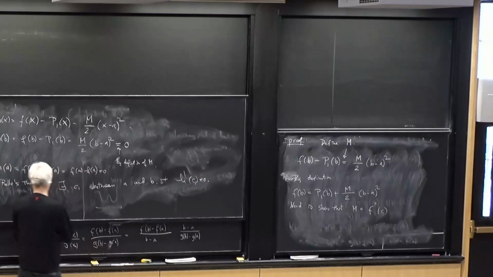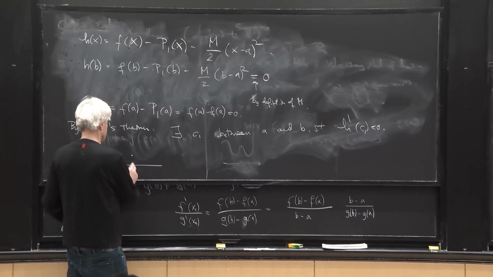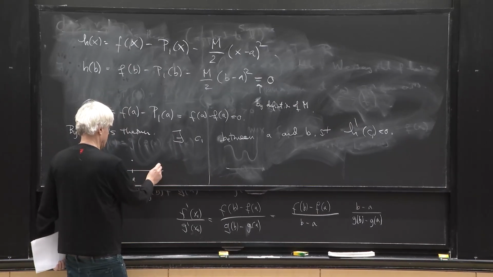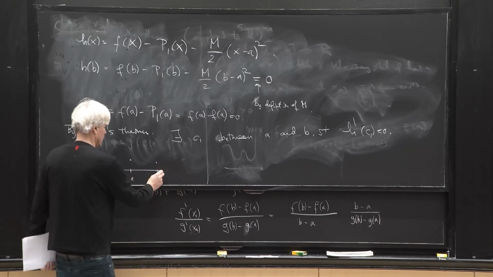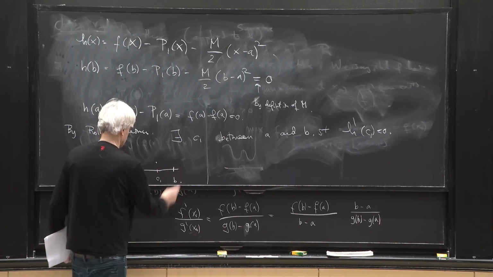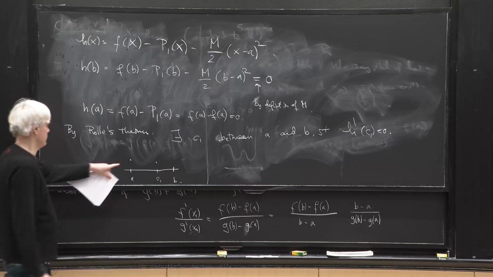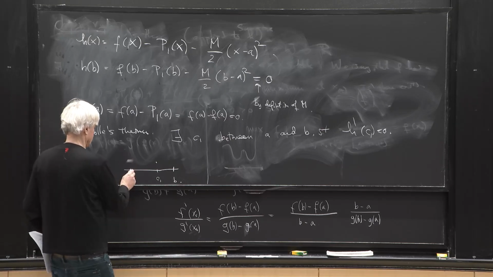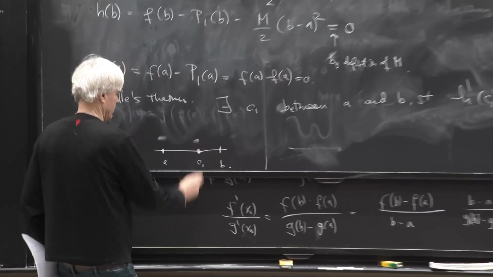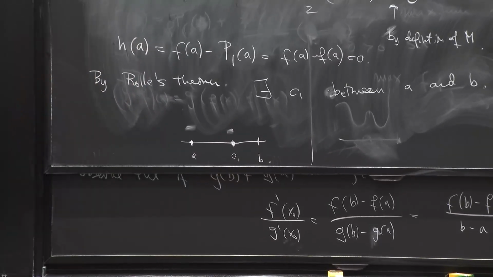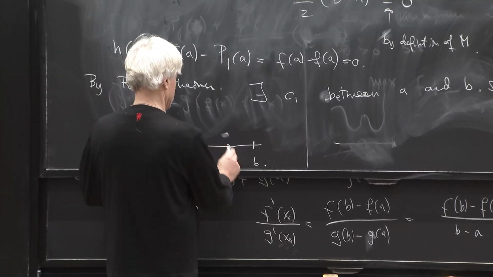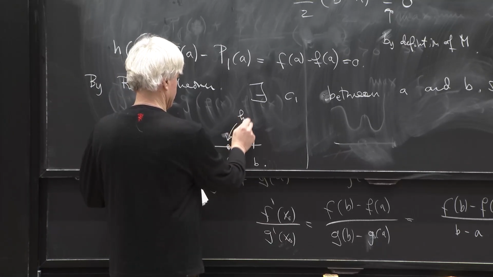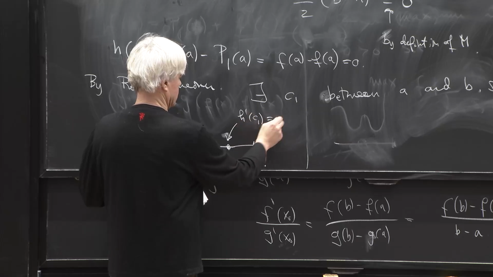But now you see that you have this function h, and here you have A, here you have C1, and then you have B further away, like this. And the derivative at this point here, h prime, is equal to 0.